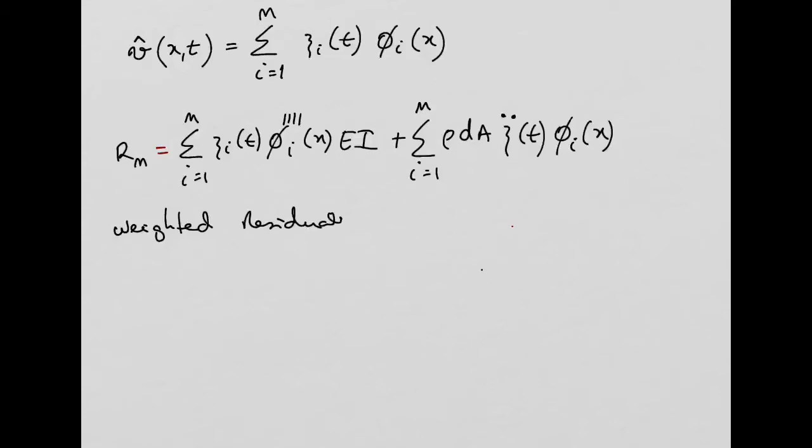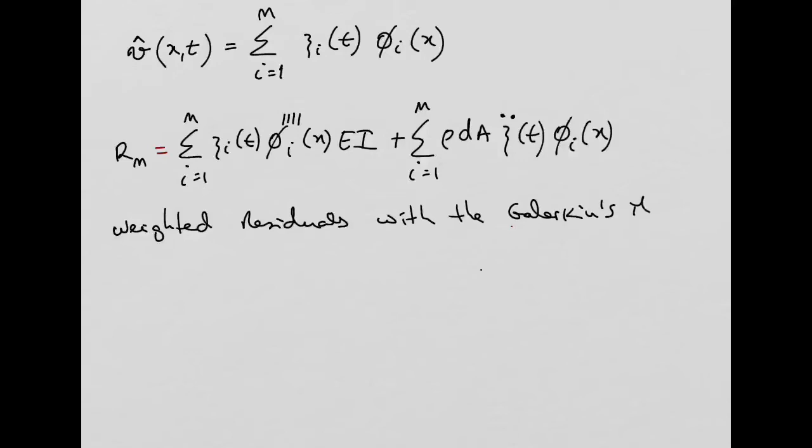What I have to do is the integral from 0 to L, which is the domain of my beam, L is the length of my beam, of a weighting function, W_j, which in the Galerkin method is equal to the shape function, which is phi.